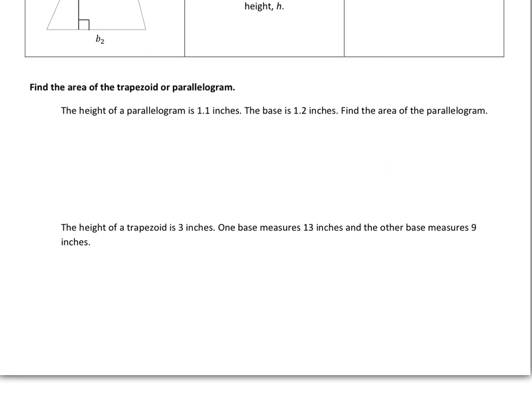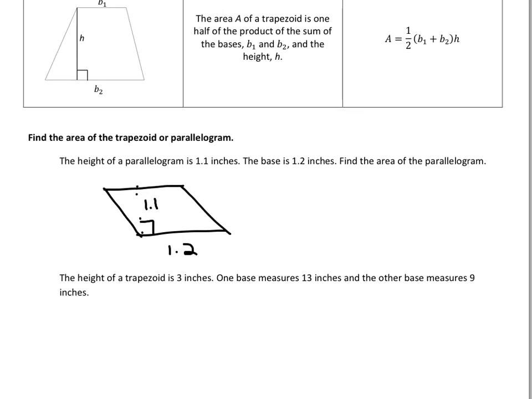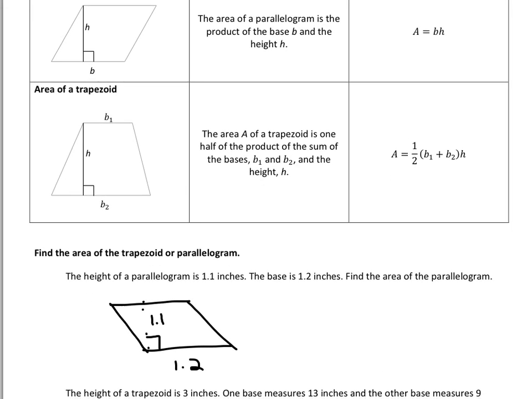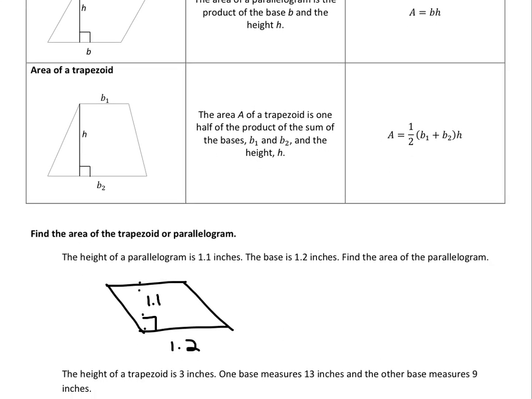Okay, so I have a parallelogram, and it has a height of 1 1/10 inches. So I'm going to go ahead and draw a picture. It has a height of 1.1. The base is 1.2. I want to find the area of this parallelogram. If we look back up here, the area of a parallelogram is that simple one. We're just going to take the base times the height.